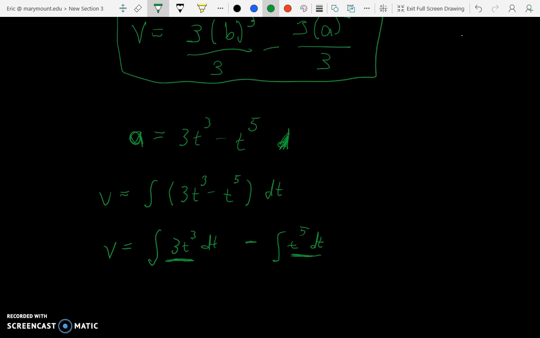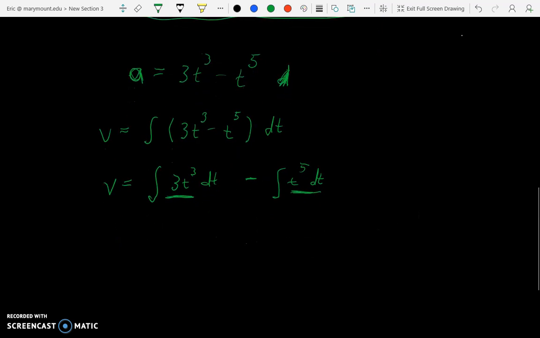The other thing I need to know is what limits I want to use. Typically in a physics problem, you would be given two different times. So maybe I want to know what the velocity is between 2 and 4 seconds. Those would be my limits of integration, going between 2 and 4, and I do that on both of these.